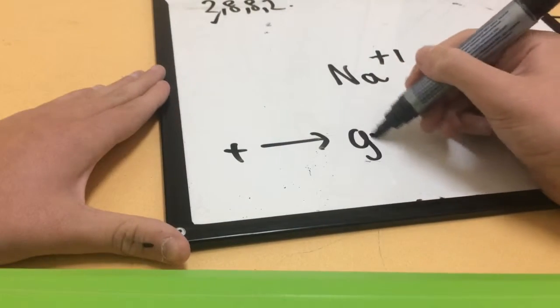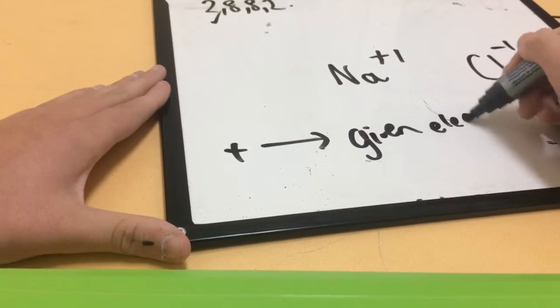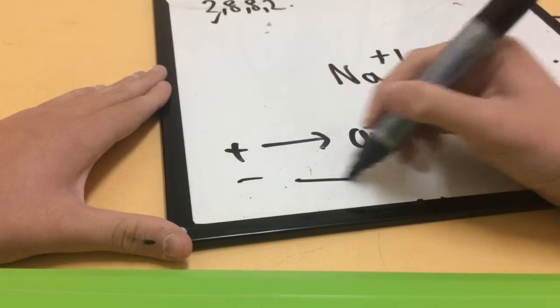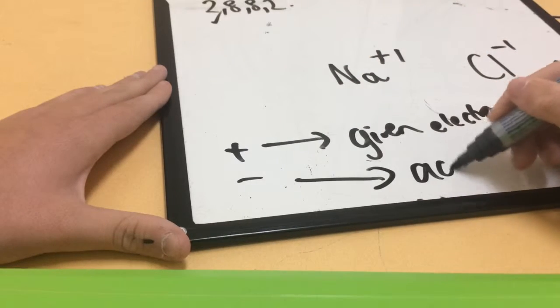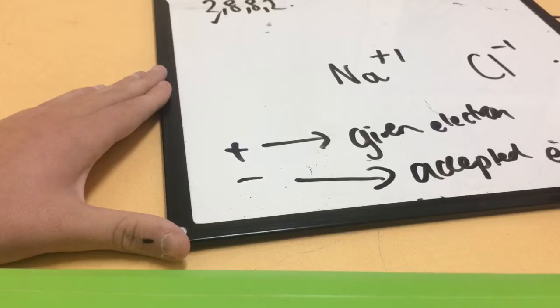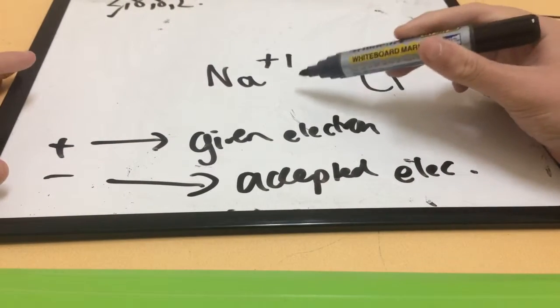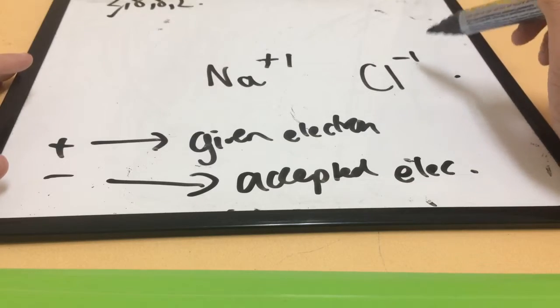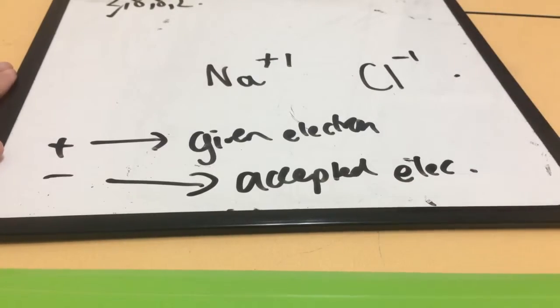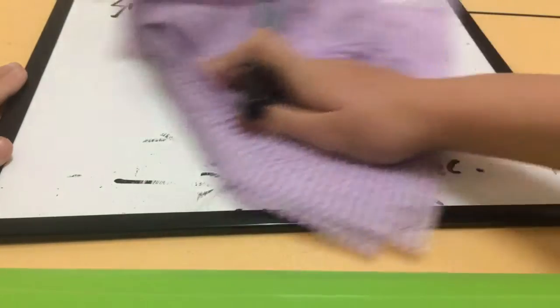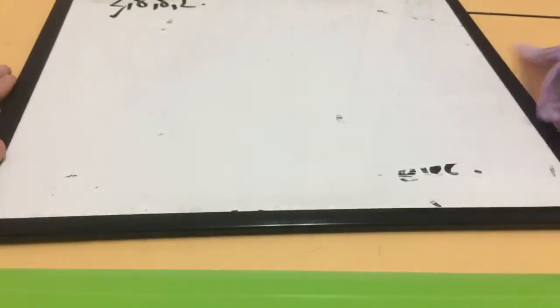Positive means given electron. Negative means accepted electron. So now this one has given an electron, so it's going to have a plus 1 charge. And this one's going to have a negative 1 charge because it's accepted the electron from the sodium.